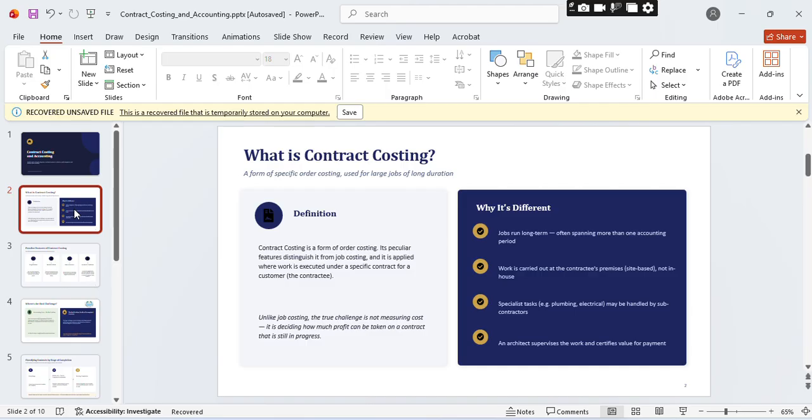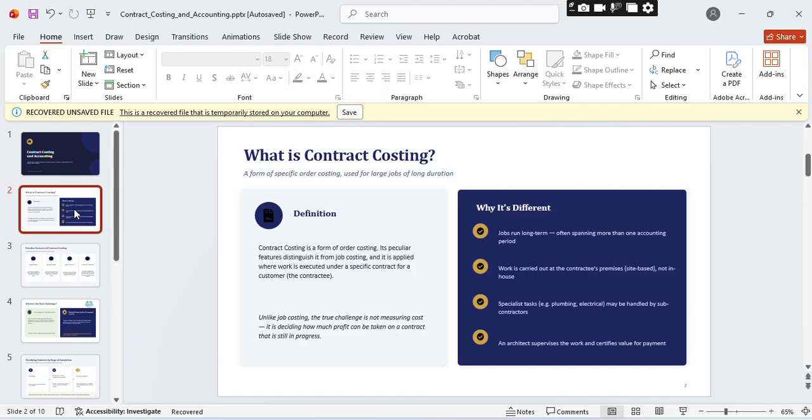Now why is it different? Number one is that jobs run long term, often spanning more than one accounting period. Number two is that work is carried out at the contractee's premises.